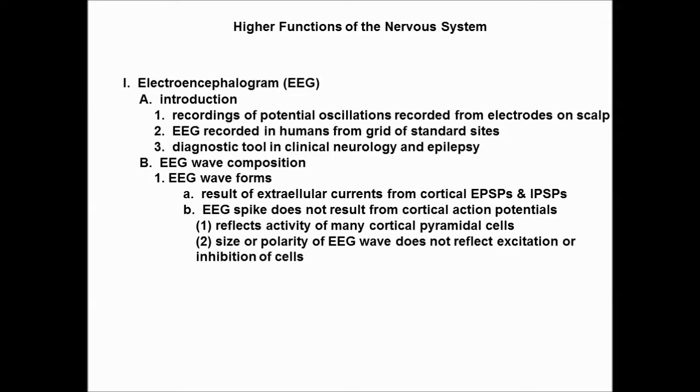EPSPs and IPSPs. In other words, it's the sum of a tremendous amount of currents from these large pyramidal cells that are located in columns in the cortex of the brain. So you're just summating a tremendous amount of activity. You're definitely not recording any action potentials. And what you're looking at is not so much the size or even whether these waves are negative or positive, their polarity, but the frequency.